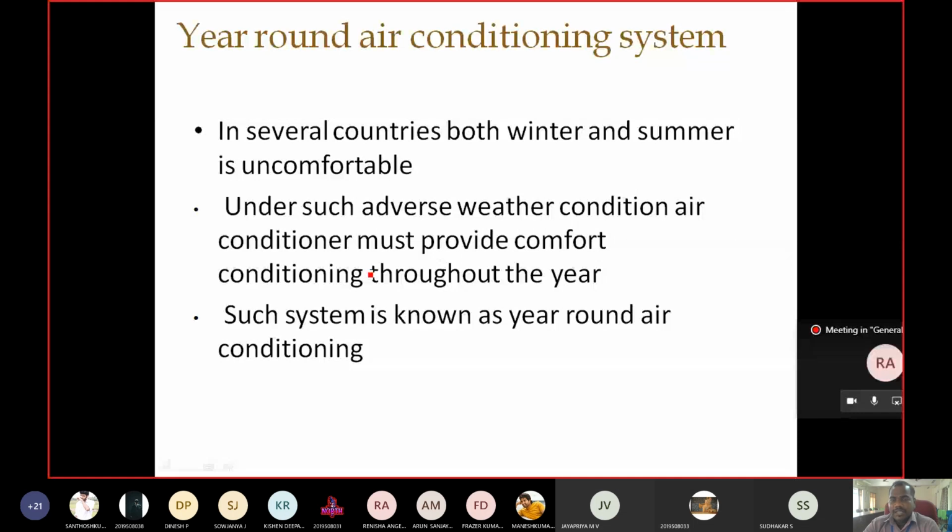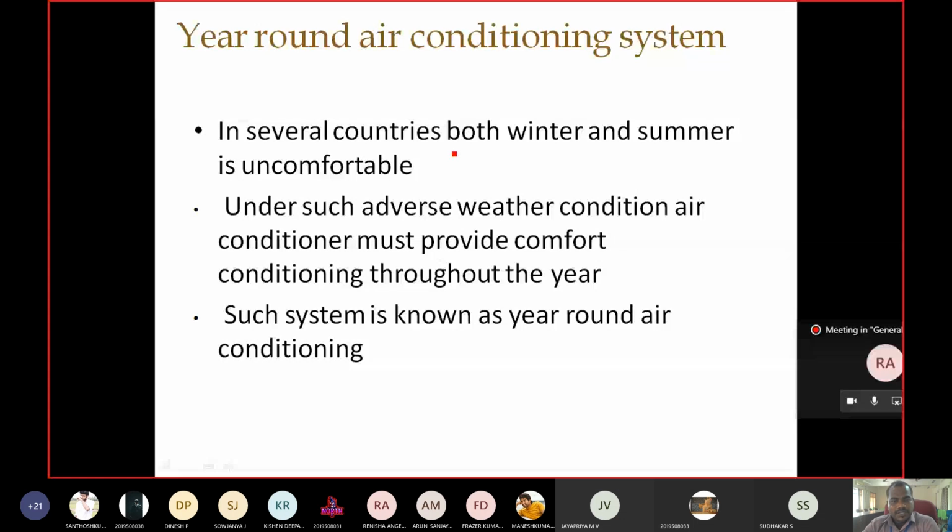Then we can have the year-round air conditioning system. So in several countries, both winter and summer are uncomfortable. Right, you know very well. So under such adverse weather conditions, air conditioners must provide comfort conditioning throughout the year, right? Such a system is known as year-round air conditioning.